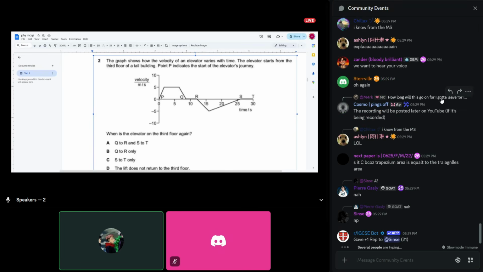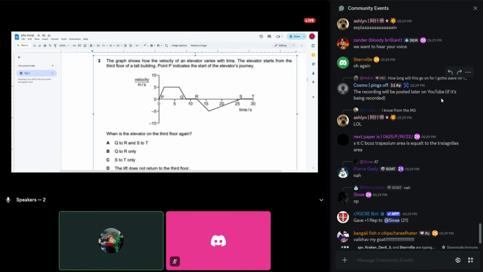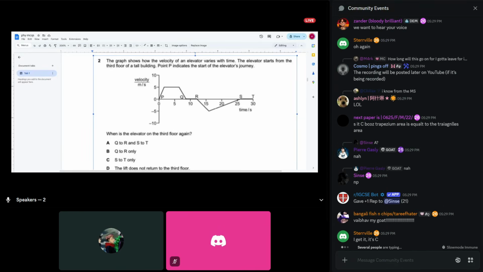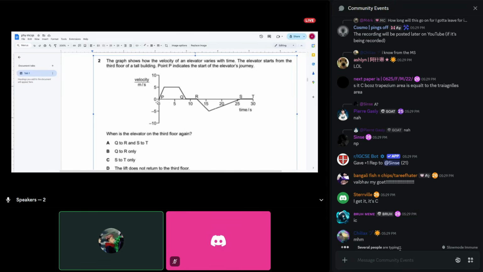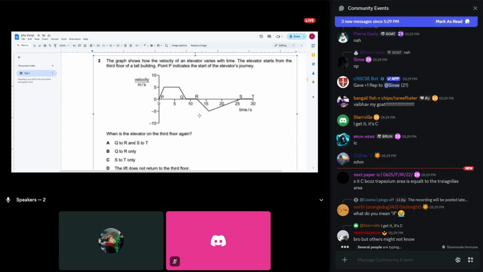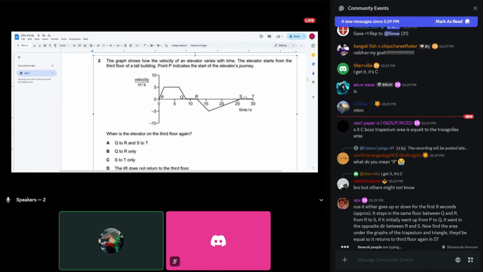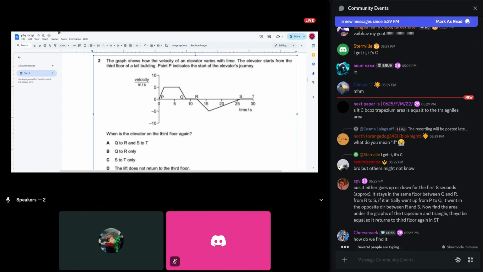And if it returns to the third floor, that means it has to be net zero, right? It's C, exactly. If we find the area of this trapezium, and then the area of the triangle, and subtract them, it will be zero, meaning only at the end, at T, it is back on the third floor.